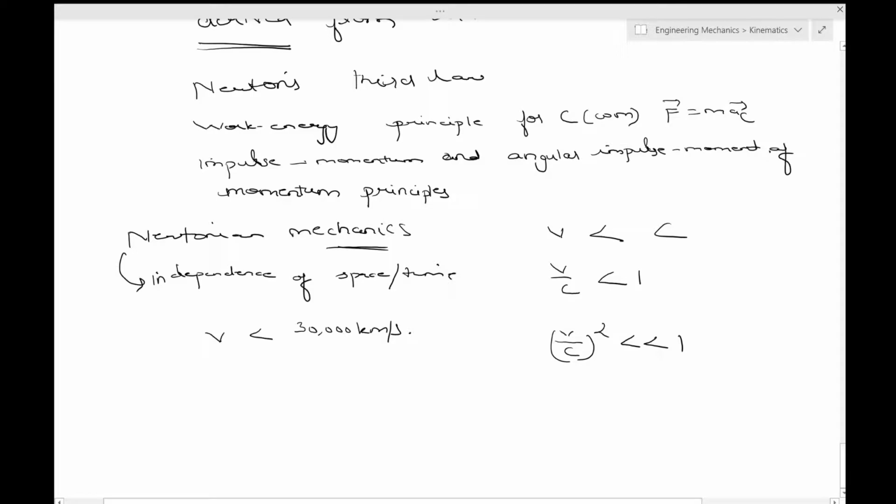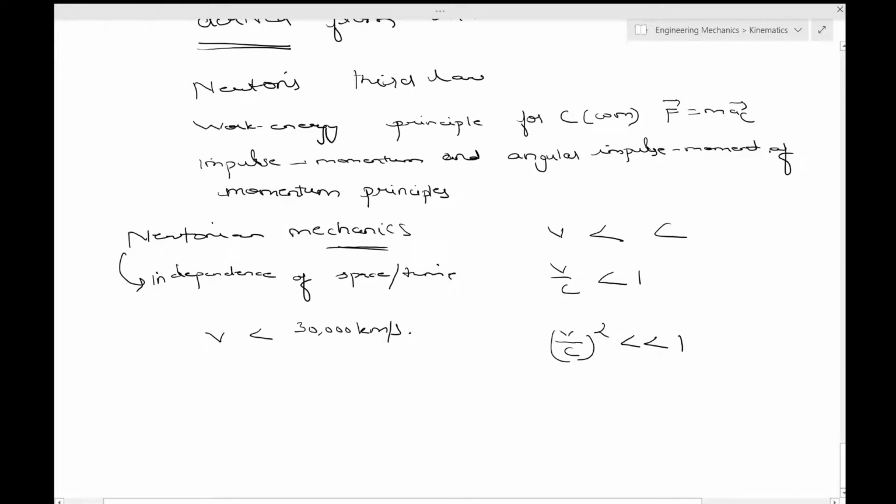But in this course and in all the engineering applications around you, unless there are some very special cases, you will not be achieving velocities comparable to the speed of light, and hence what we learn in this course is good to go.